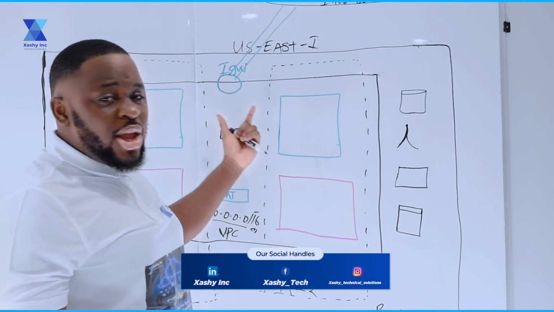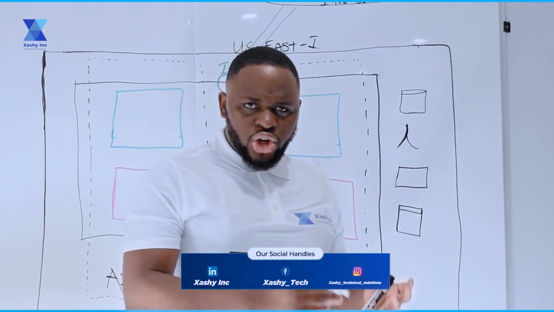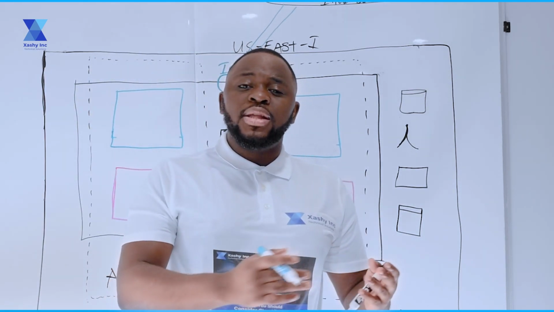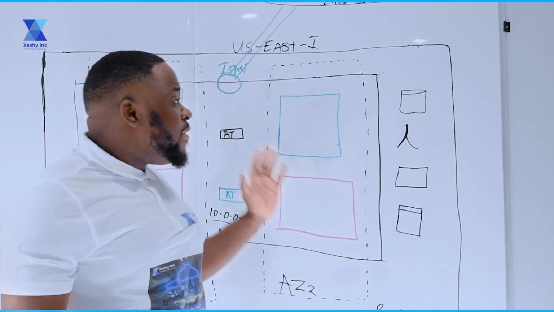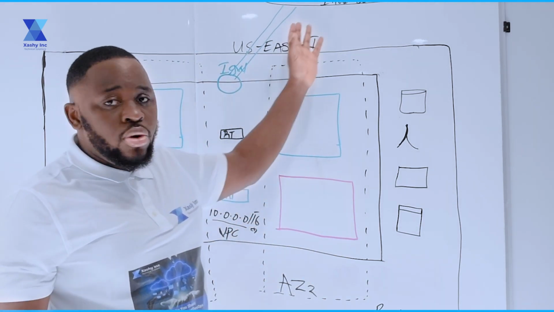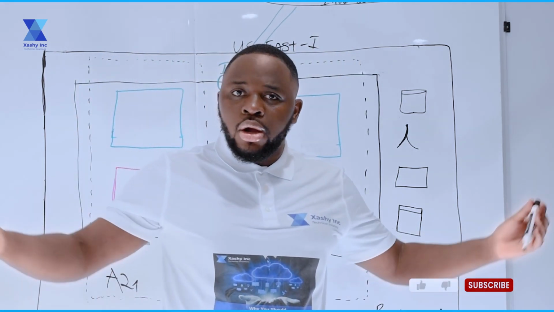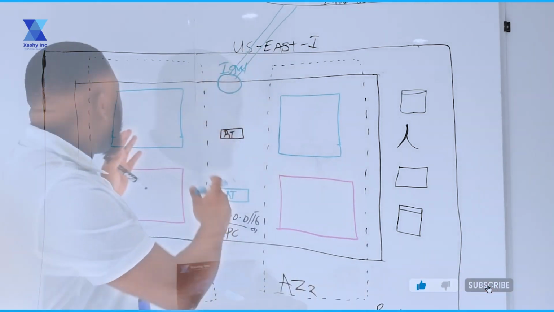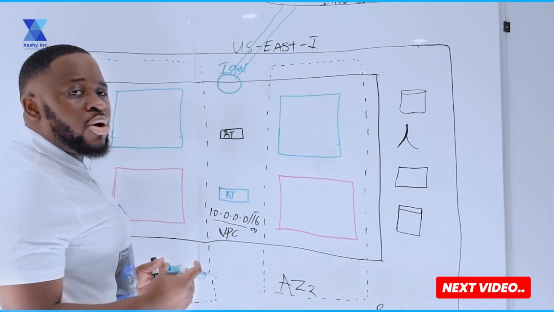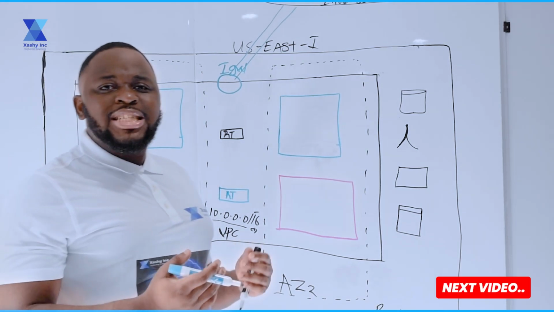So the internet gateway is a managed feature, or one of the components in a VPC, that gives the VPC access to the internet, which is the World Wide Web. One other thing you're going to hear about when it concerns VPCs is the aspect of subnets.